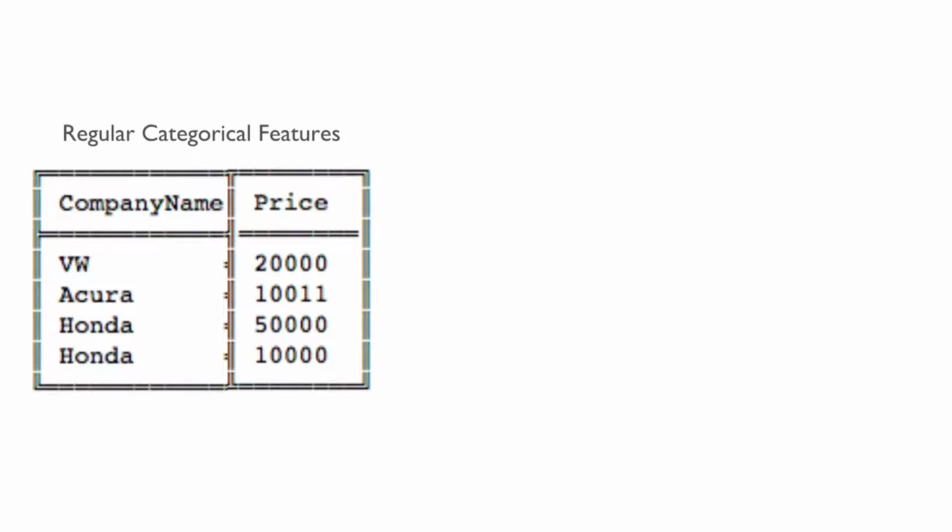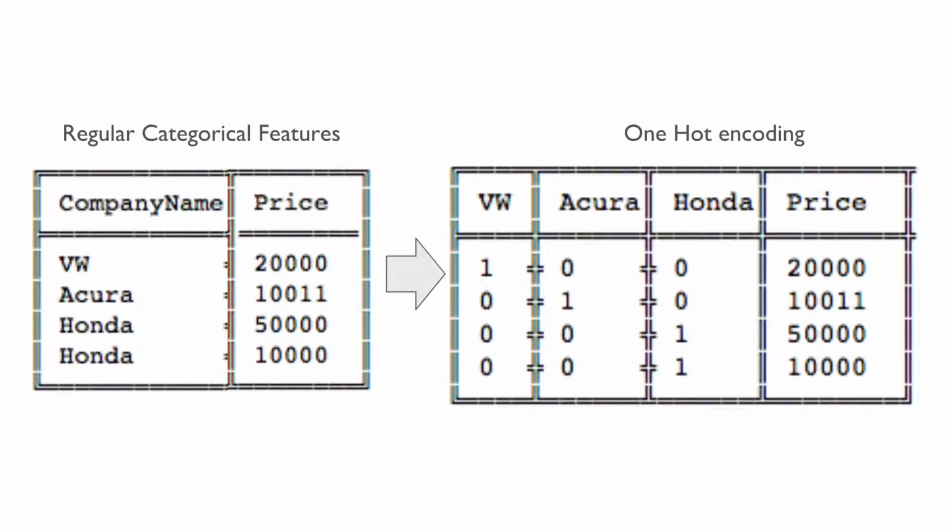In this example, the data has a column company name, which is a regular categorical variable. The values of the car company column are VW, Acura, and Honda. In one-hot encoding, we create 3 columns, one for each category value, and mark the corresponding cell as 1, keeping others at 0.